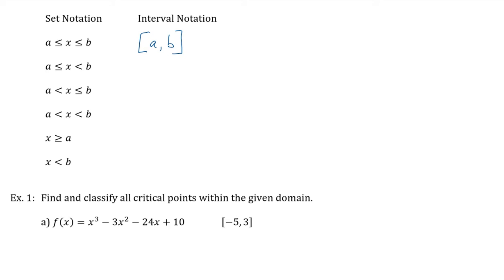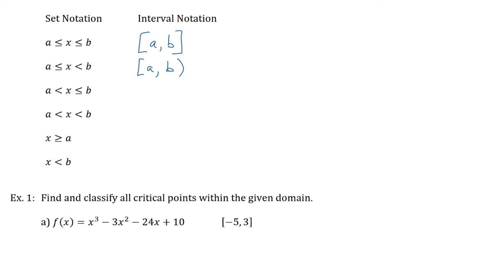Now, before I explain what the brackets actually mean, I'm going to do the next example, and then it's going to be easier. So how do we write it when it's strictly less than and not less than or equal to? Well, we use a round bracket, and that's the difference.